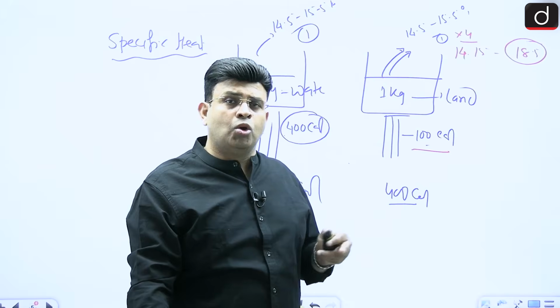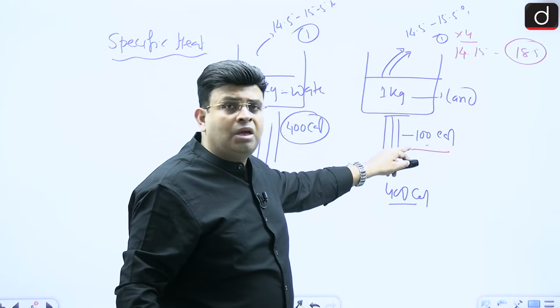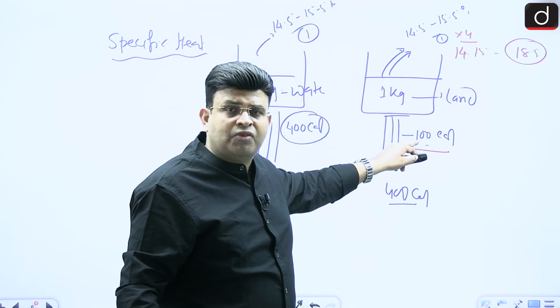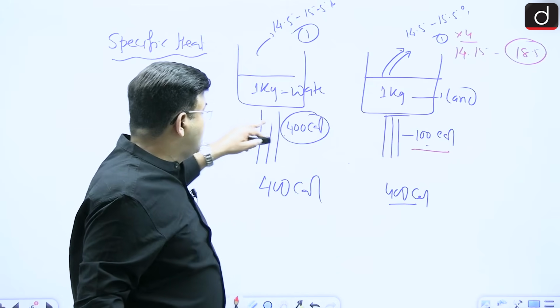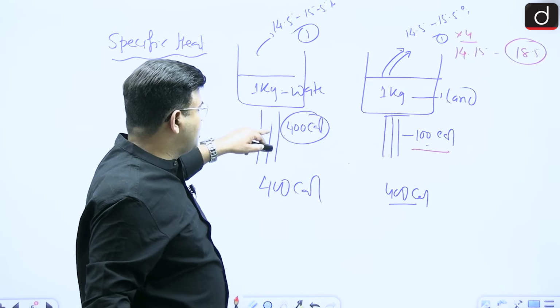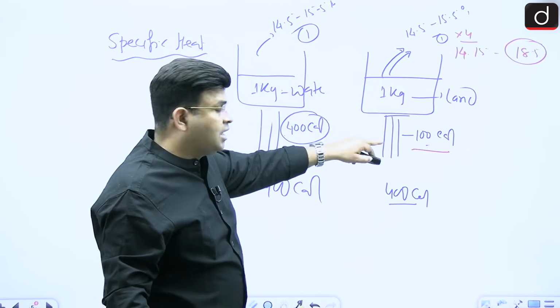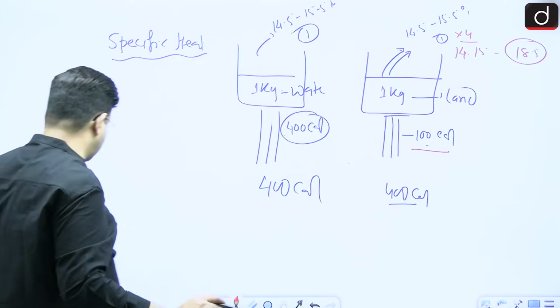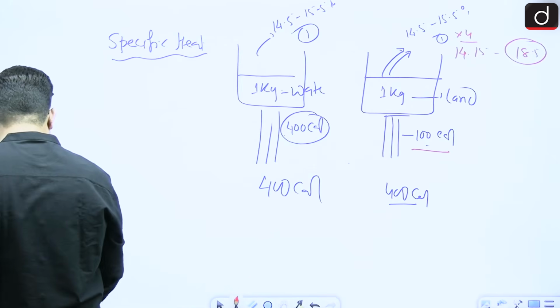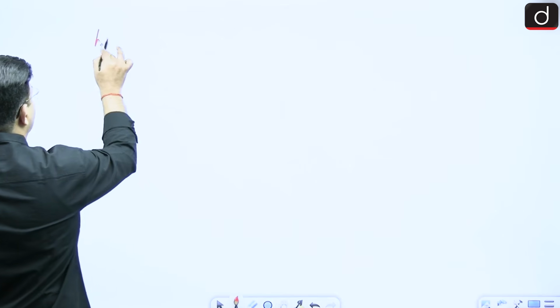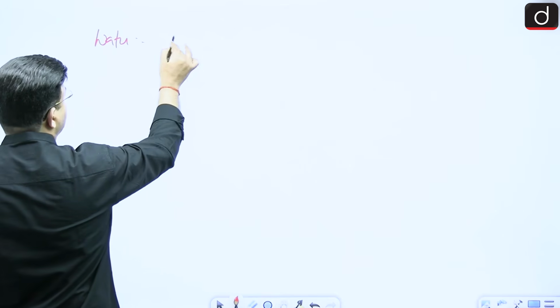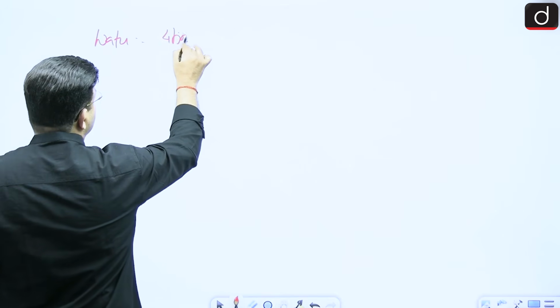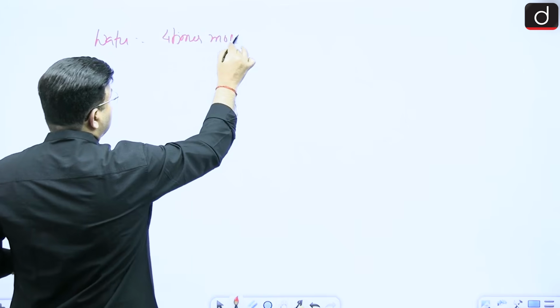Land has a specific heat 4 times less than the specific heat of water. Water has a higher specific heat, 4 times more.